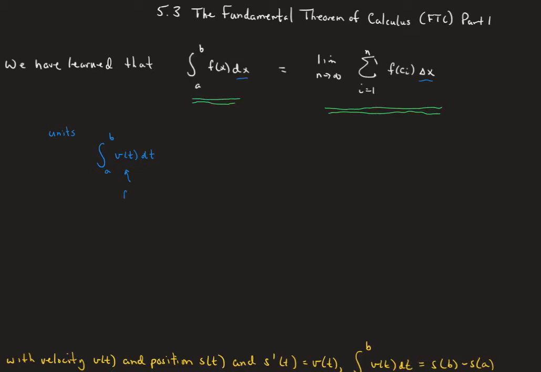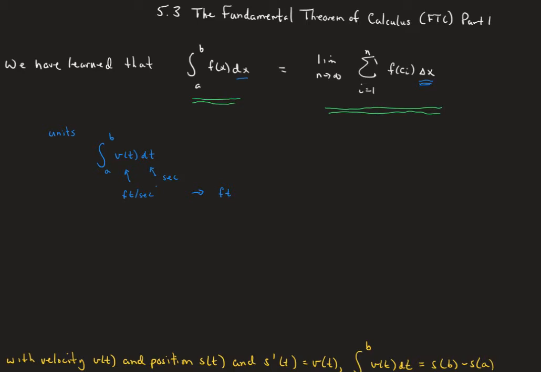So a velocity might be in something like feet per second, and the dt then being a small increment of time, suggestive of this delta x or a delta t, would be a time measurement. When you multiply feet per second times seconds, what you get is something that is just in feet.